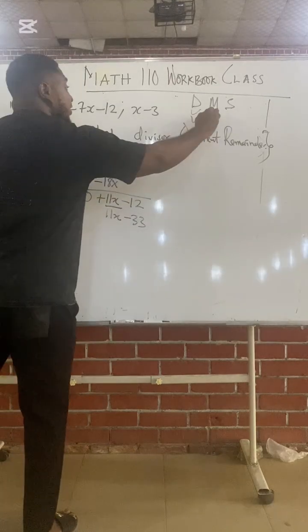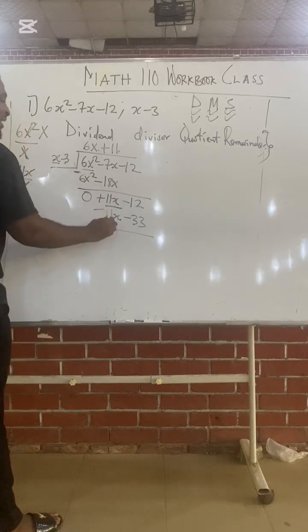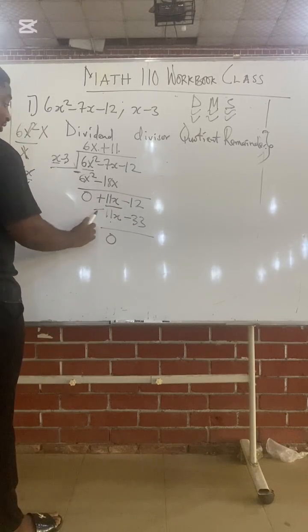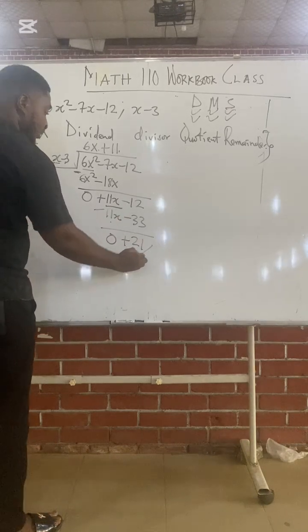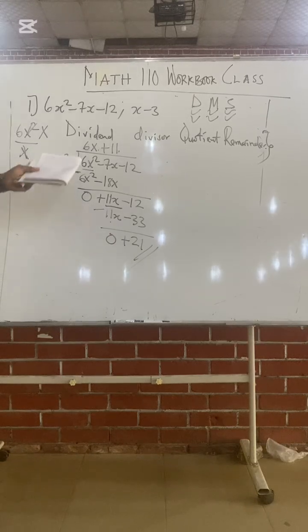After multiplying, what's the next thing you do? Subtract. 11x minus 11x is 0. Minus 12 minus minus 33: minus times minus is plus, so minus 12 plus 33 is 21. The remainder is 21. The quotient is 6x plus 11.